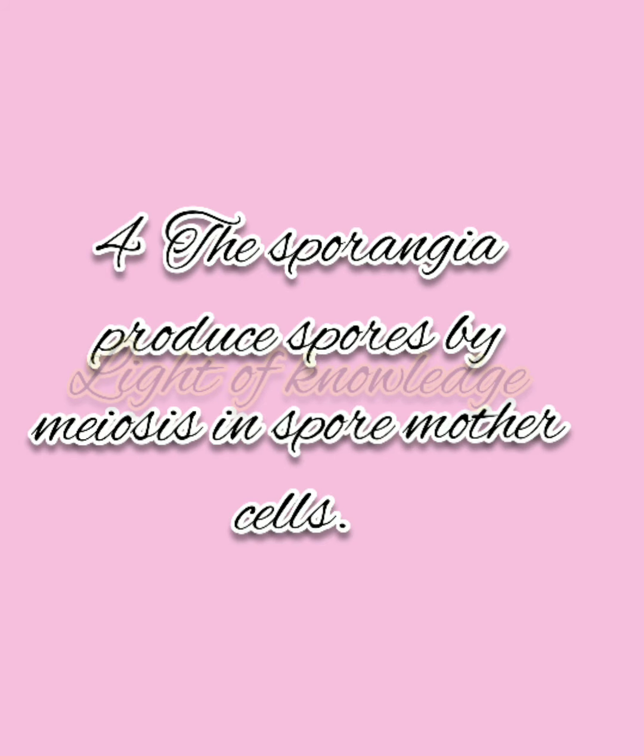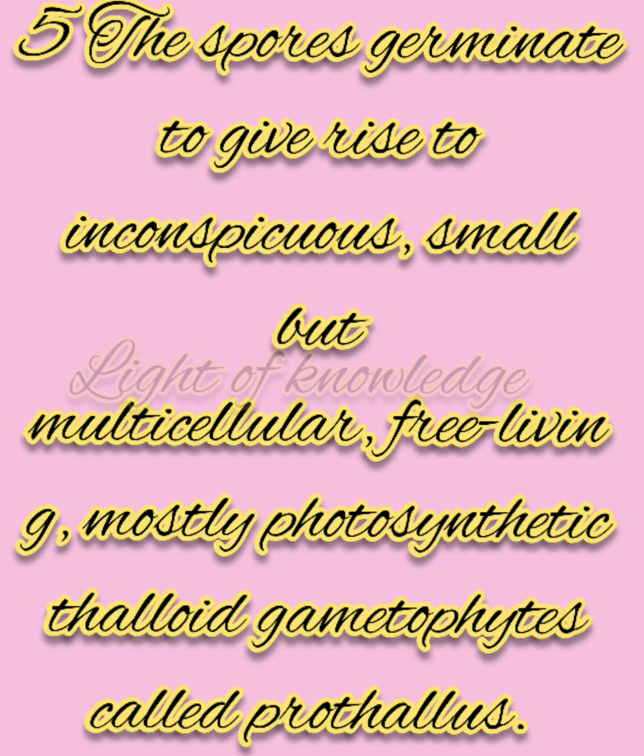These sporangia produce spores by the process of meiosis in spore mother cells. The spore germinates to give rise to an inconspicuous, small but multicellular, free-living, mostly photosynthetic thalloid gametophyte called prothallus.